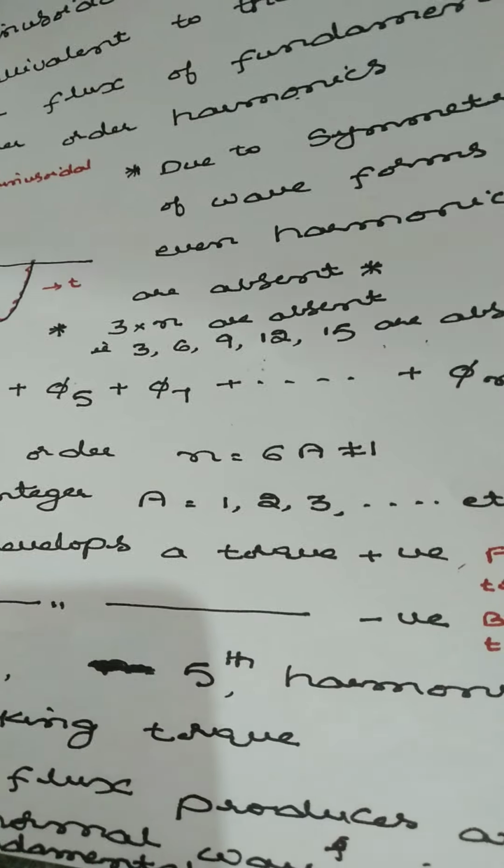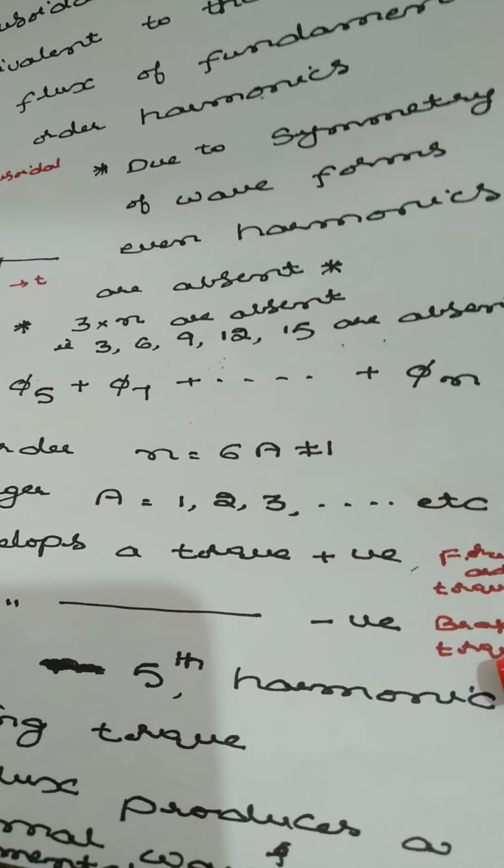The positive torque we call forward torque, and the negative torque we call braking torque.